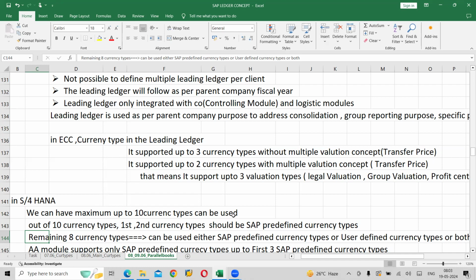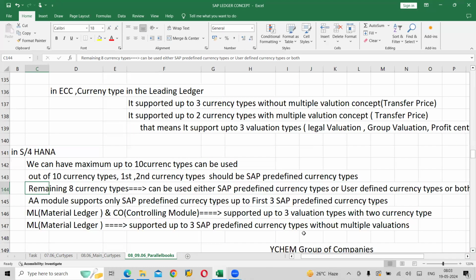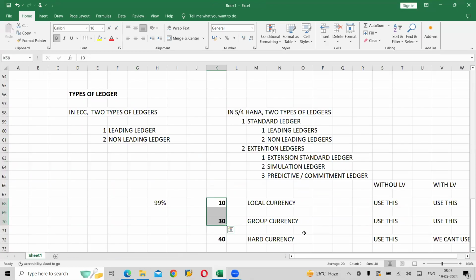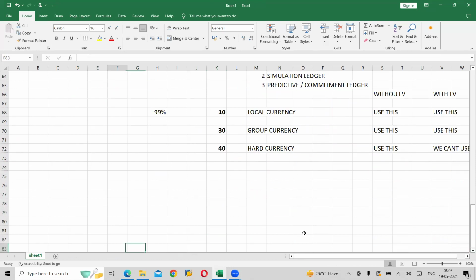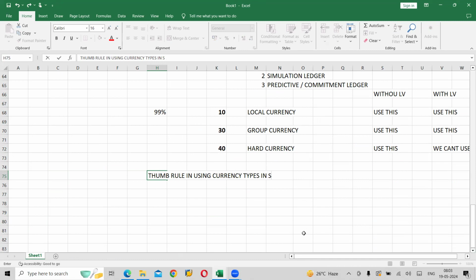Okay, so here is the most important asset accounting difference. What is the thumb rule for currency types in S/4HANA? We don't have a functionality in ECC for using user defined currency types.